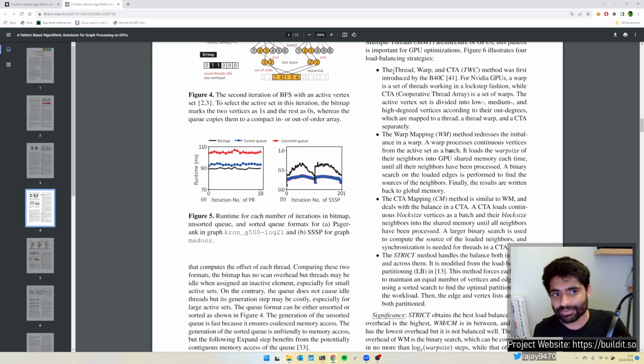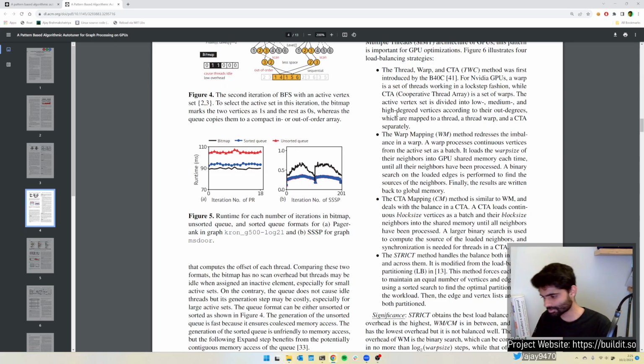We will also implement the TWC strategy, which actually handles irregularity in the number of non-zeros itself. If different rows or different vertices in a graph have very different numbers of non-zeros, we'll handle that with a separate implementation. What the TWC method does is separate the active vertices into low, medium, and high degree vertices.